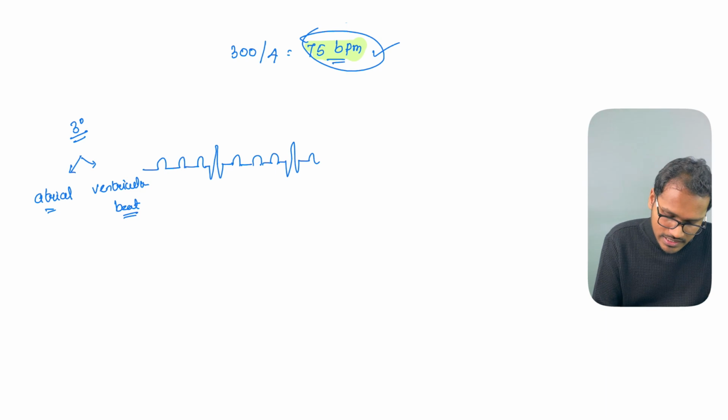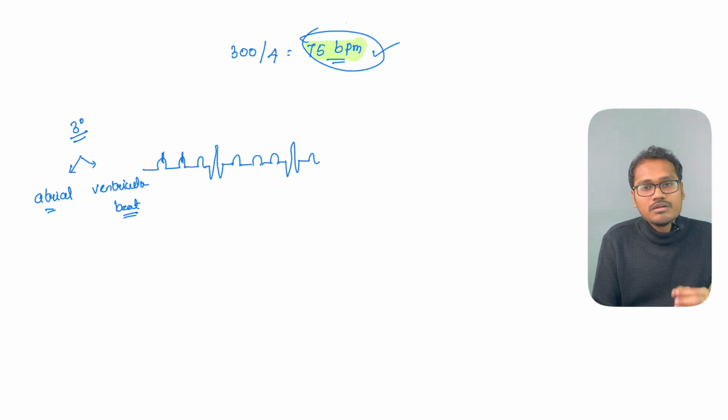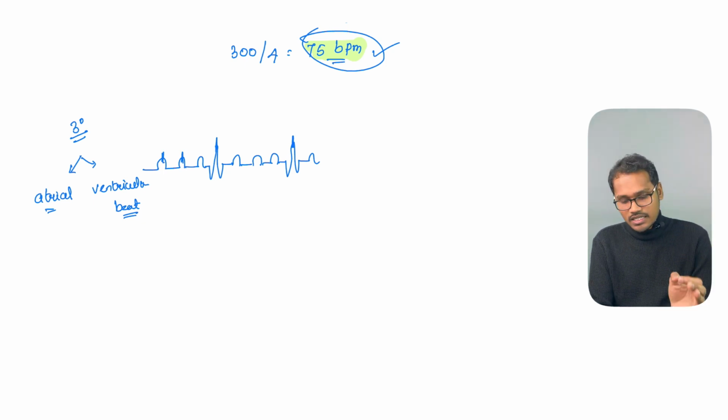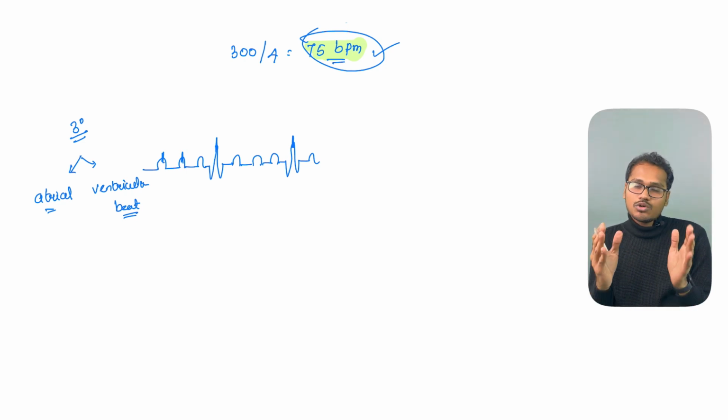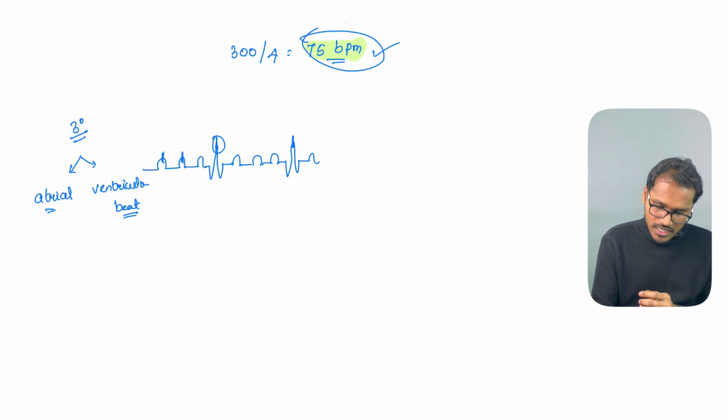But here the atrial rate will be more in comparison to the ventricular rate. So the atrial rate we will calculate with the PP interval, and the ventricular rate we will calculate with the RR interval. But in a normal person, both are going to be the same, and the easier way to do it is calculating from the RR interval.